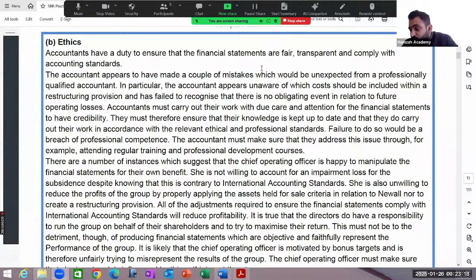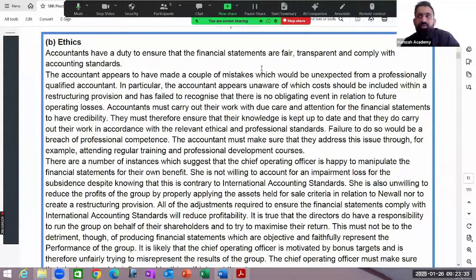And another issue with regard to the chief operating officer is that she is intimidating the accountant. That if you do record held for sale, or if you do record the provision, even the provisions which are required by the standards, you may lose your job. It is intimidating.